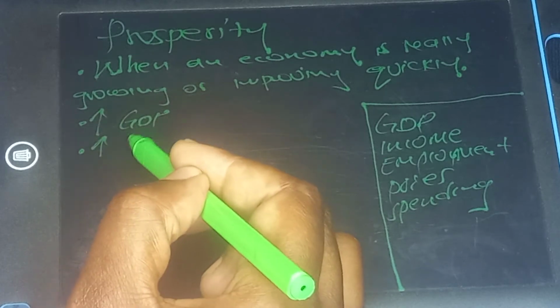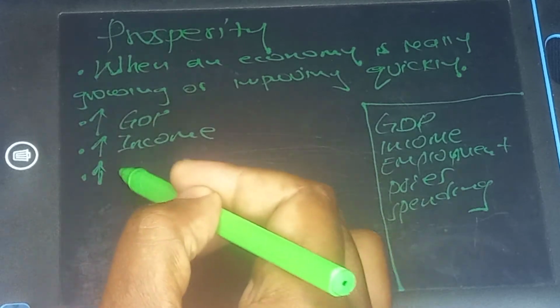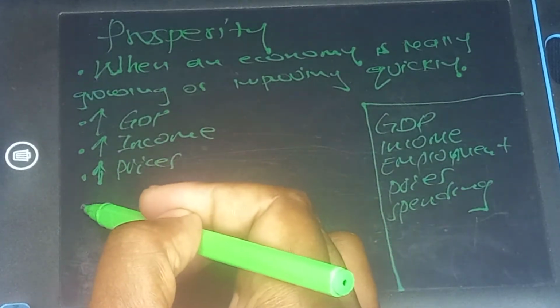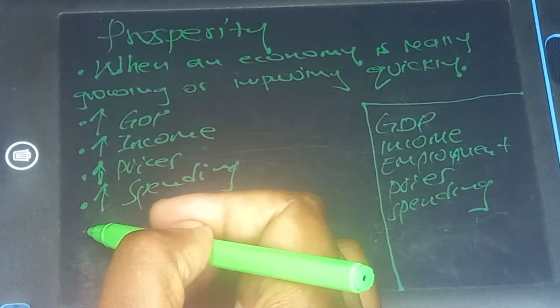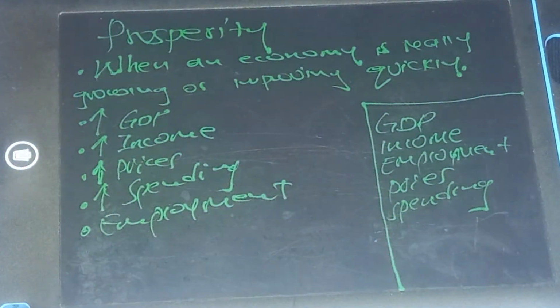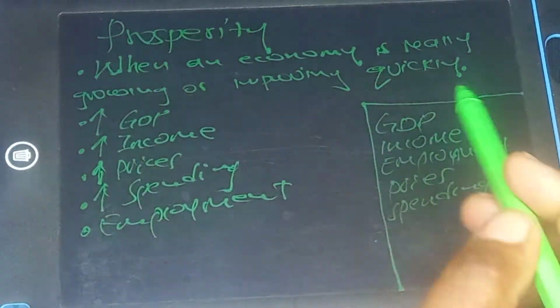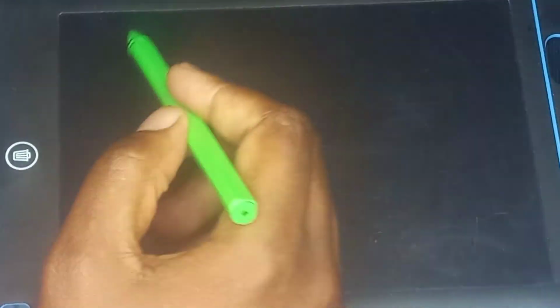We have an increase in income, prices, spending, employment. So, all of them, we can say a quick increase in GDP, a quick increase in income, a quick increase in prices, spending, and employment. Let us move to recession.